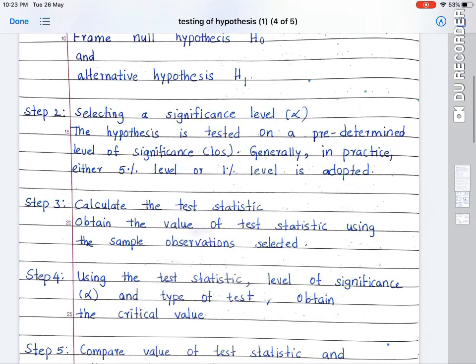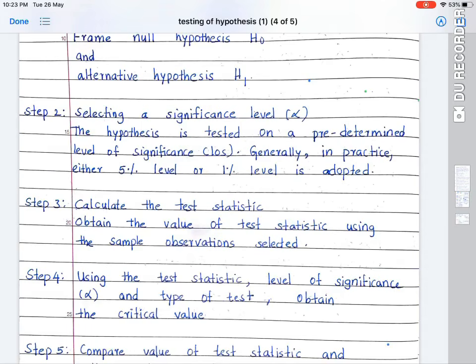Basically I'm trying to focus only on the problems at this point of time. Once you are well versed with the problems, I will give a demo on how this could be used and solved in a research problem.